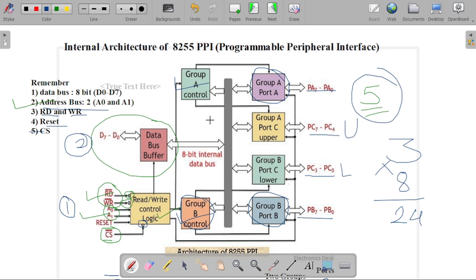There are two groups, group A and group B. In group A, we add the upper part of port C, and in group B, we add the lower part of port C. So that is the architecture of our 8255.